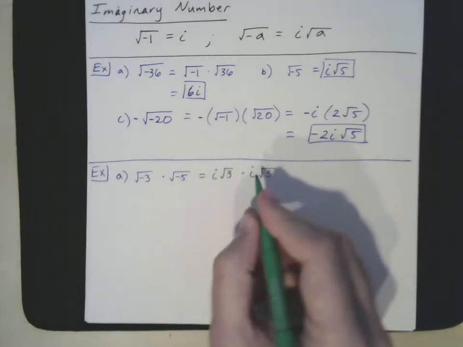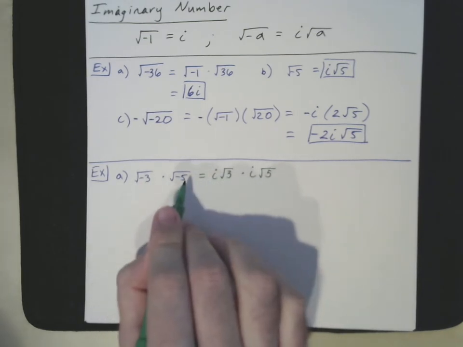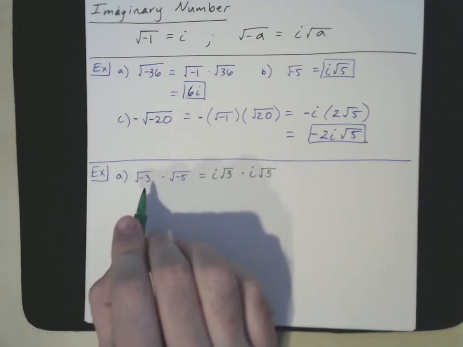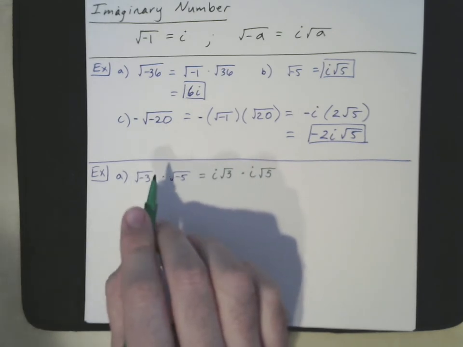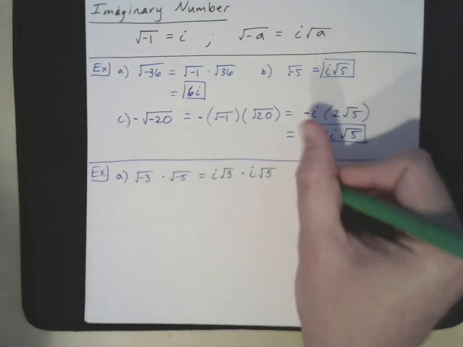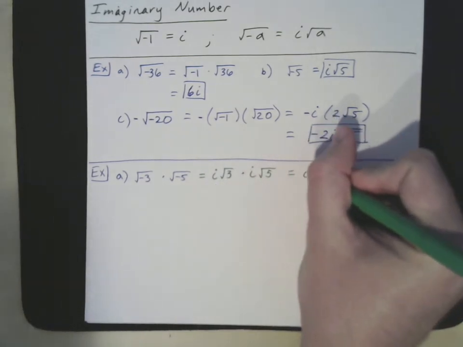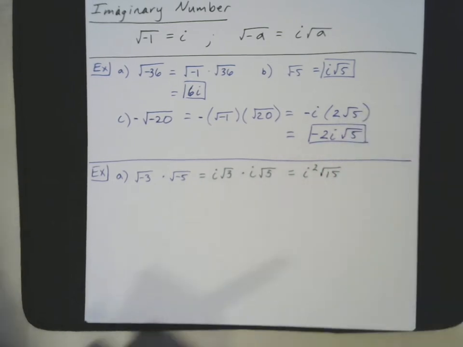And the reason we do this is because if we were to just simplify, well, then we would have the square root of negative 3 times negative 5, or the square root of 15. But square root of 15 is not the same as i squared times the square root of 15.